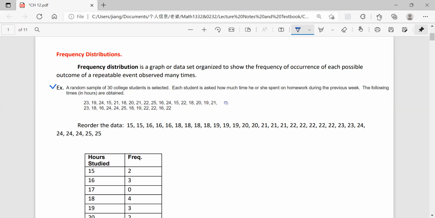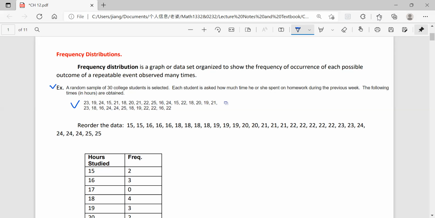So that means I have collected 30 data from these 30 students. So here are the data. The first student said 23 hours. He spent 23 hours last week on homework. The second one spent 19 hours last week on homework.